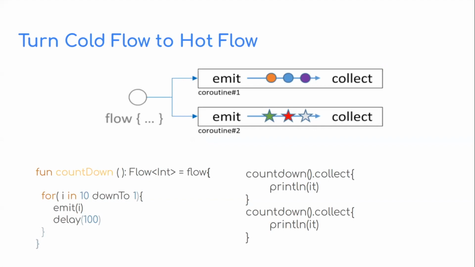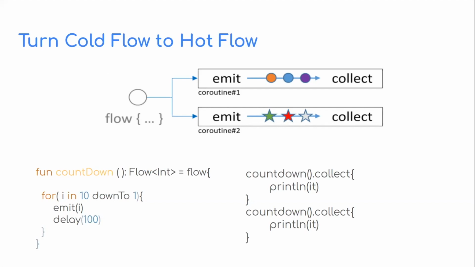So what are the drawbacks of cold flow? Let's say we have a flow that emits data. If we collect from this flow twice, data will be emitted to us twice concurrently. So let's say we have our database, and when one view calls on the data and another one also does the same, two operations will be created.